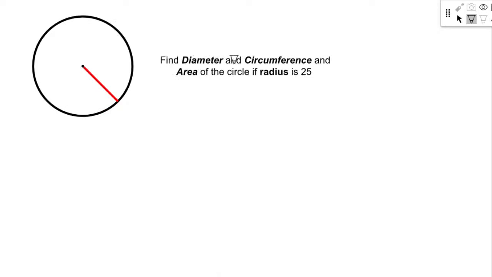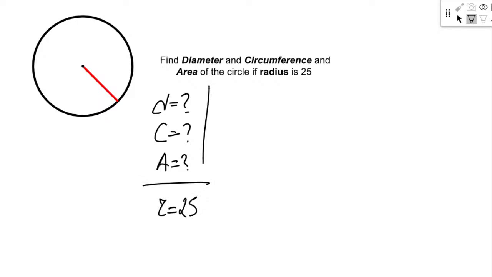Okay, find the diameter, the circumference, and the area of the circle if the radius is 25. So D is the question, C is the question, area is the question. We have radius that equals 25. We know that D equals 2r, then it's 2 multiplied by 25, and we get 50. What is C?